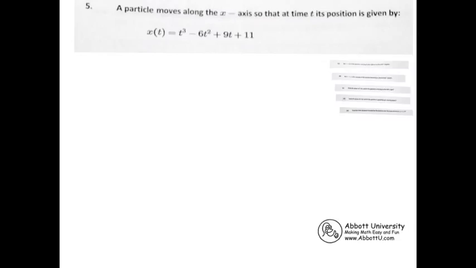I think it's important first to get really clear about what they mean by that. You've got this x-axis, and obviously the x-axis has values on it, like that. This is stuff you should all be pretty familiar with.